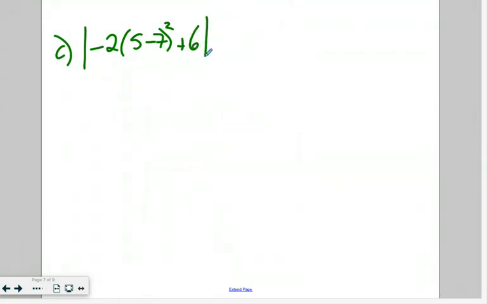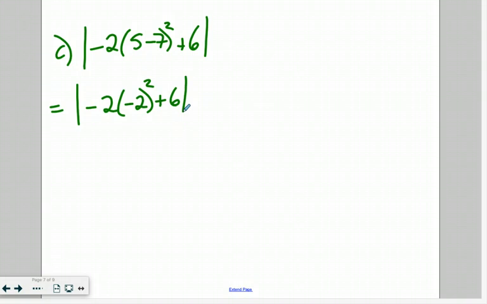Right, so again, the entire thing is inside those absolute value signs, so now we're just going to have to go inside and then again do orders of operation. So within that overall absolute value, we would need to do those brackets in there first, which is the 5 minus 7, so it would be negative 2. 5 minus 7 is negative 2 again, squared plus 6. Right, so after brackets, we would do exponents, so we would take that negative 2 and square it.